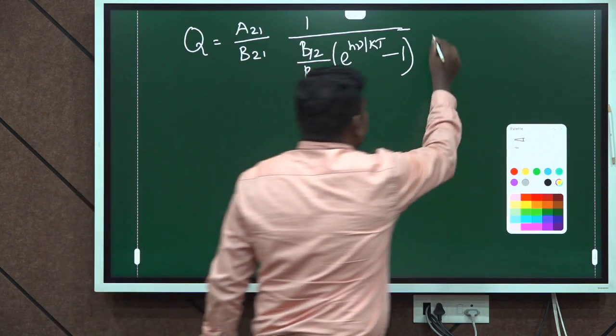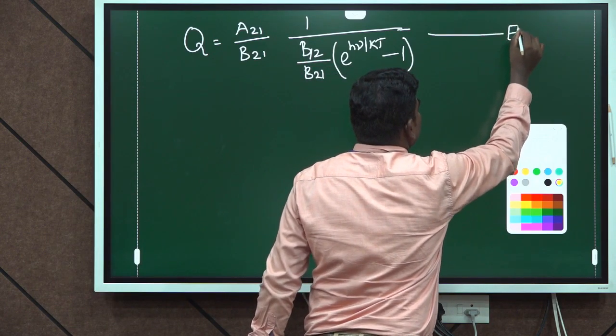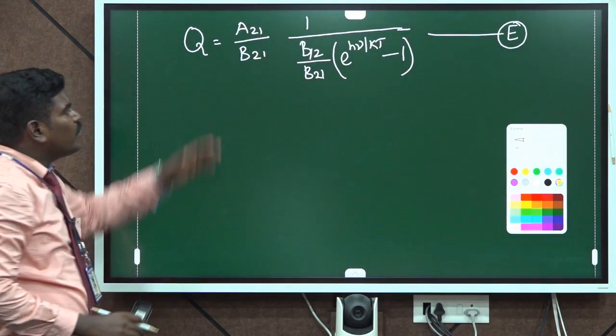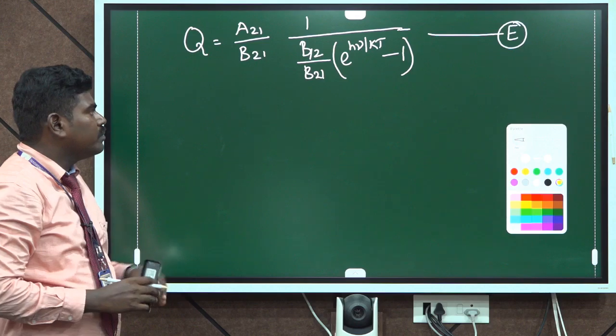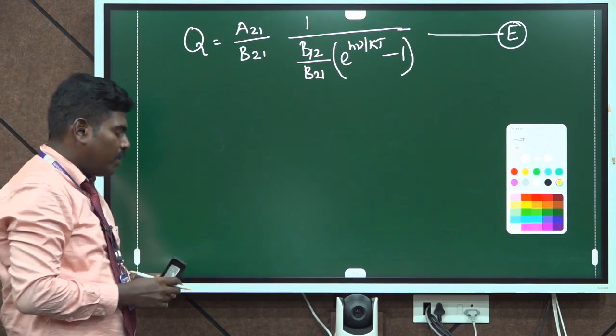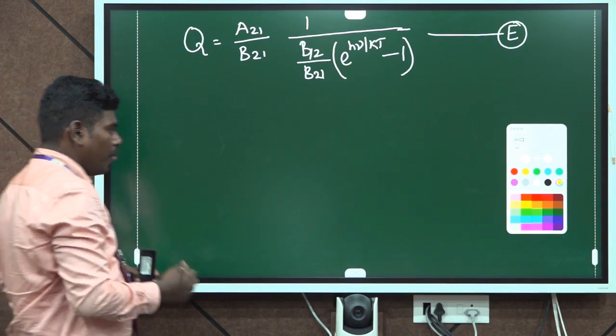Okay, so this is the equation we represent as E. This equation is in good agreement with Planck's blackbody radiation, the energy distribution of blackbody radiation.